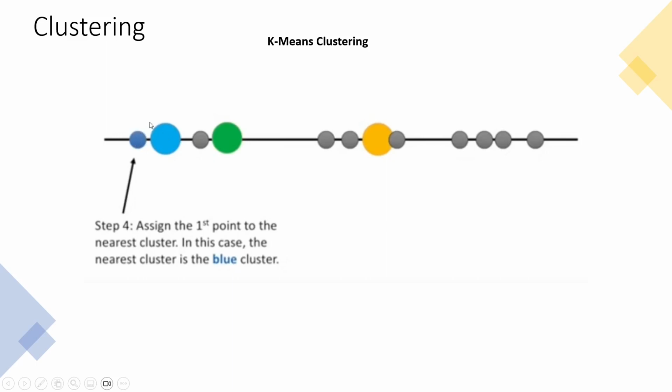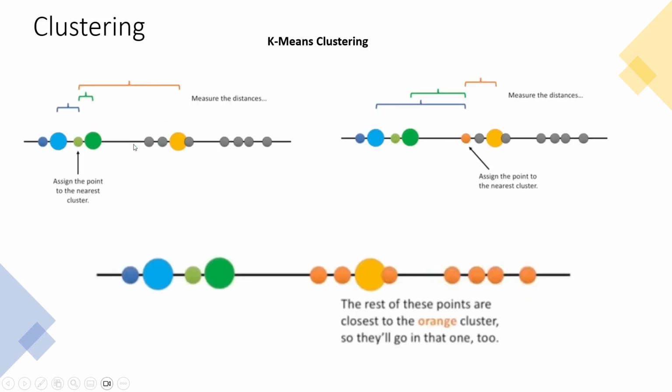So now we are done with this sample, and we repeat the same for the second element. So we calculate the distance between this sample and blue, this sample and green, and this sample and orange, and then we assign green because it is closest to green, right?